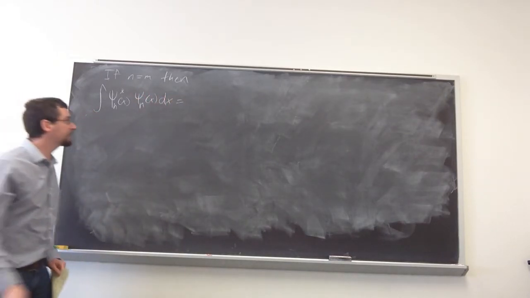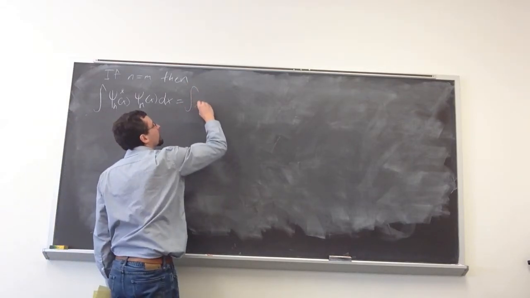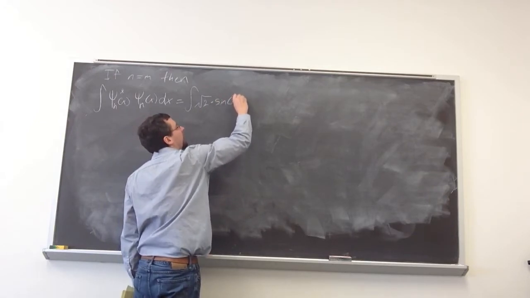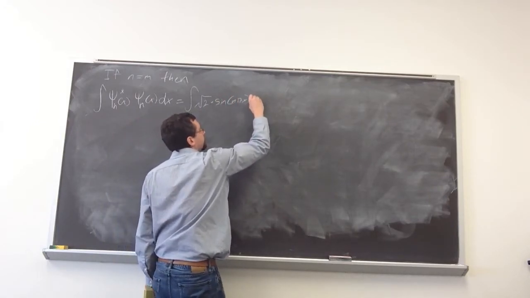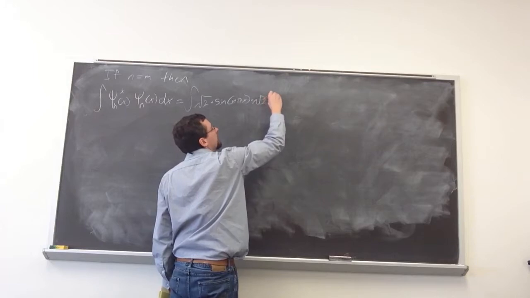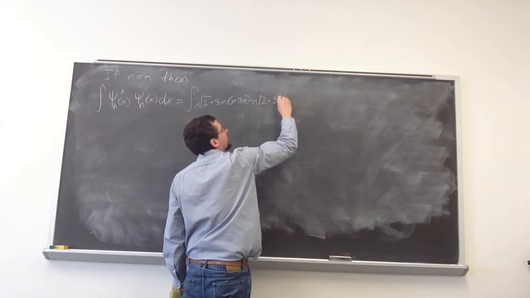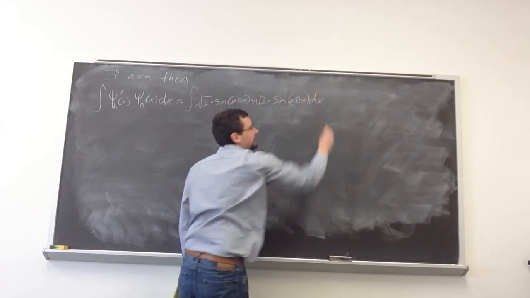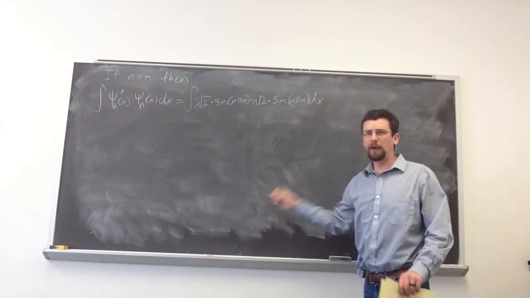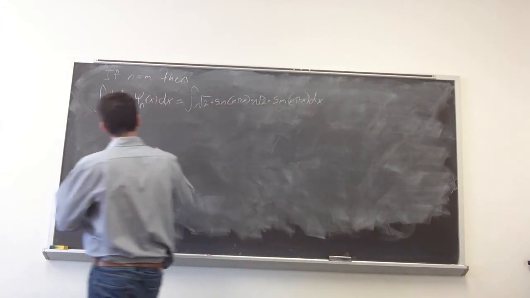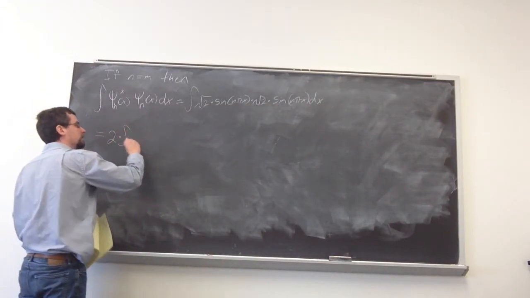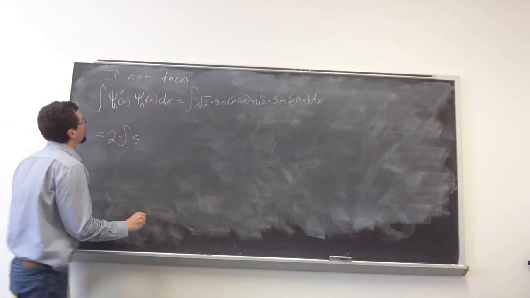We can plug in for this integral square root of 2 times sine n pi x times square root of 2 sine n pi x dx. Okay. Combine like terms together. What we end up getting is 2 times, oh, we forgot our integration limits.